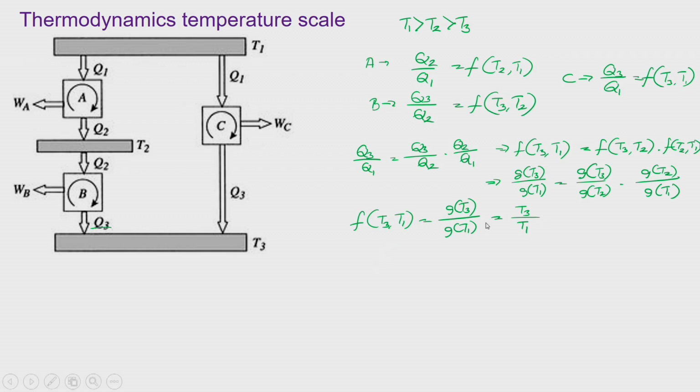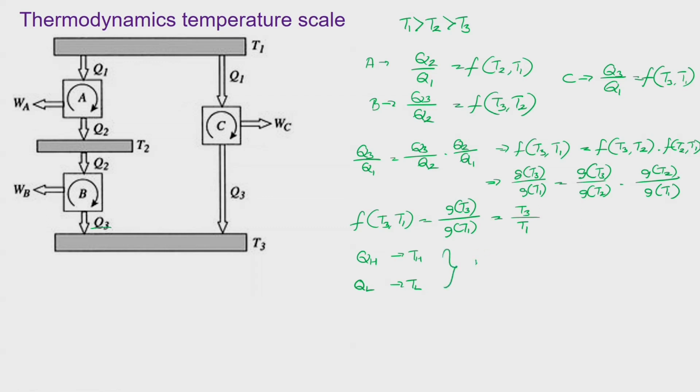So, what are we getting then? We now have the efficiency for a heat engine which is taking QH amount of heat from a reservoir at temperature TH and rejecting QL amount of heat to a reservoir at temperature TL.